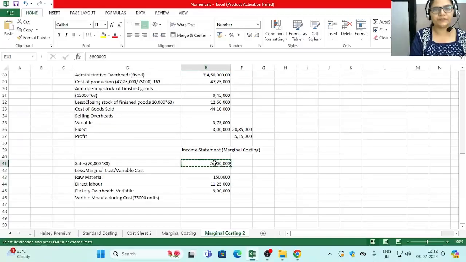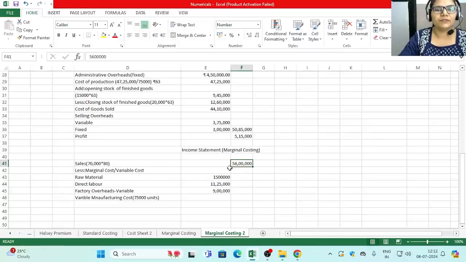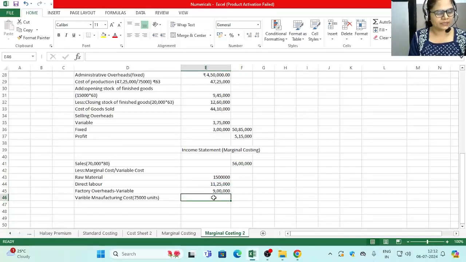Let's copy this 56 lakh over here so that we can have more clarity. We will deduct all these values from 56 lakh. We will get variable manufacturing cost, that is 35 lakh 25,000.